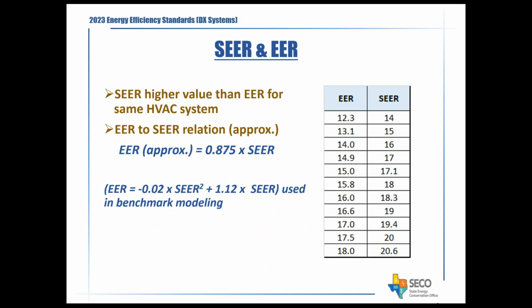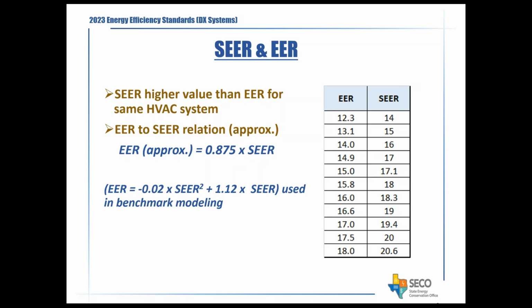So a lot of times you may be asked to directly relate SEER to EER. There is no direct correlation, but typically you will see that SEER is a higher value than EER for the same HVAC system. Basically, a general rule of thumb is that EER will be equal to 0.875 times SEER.